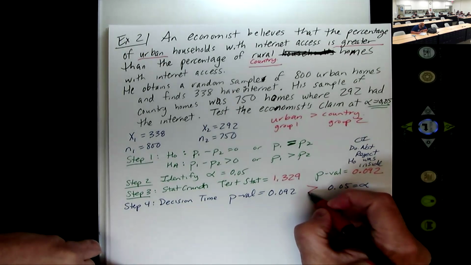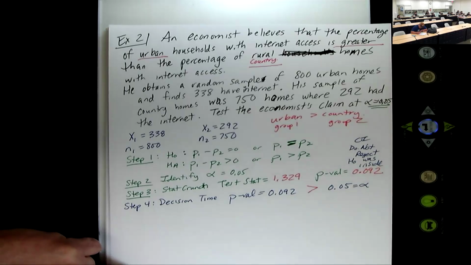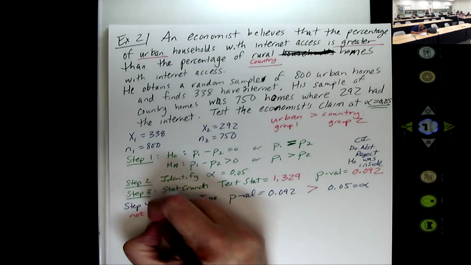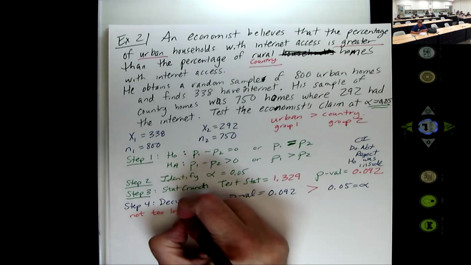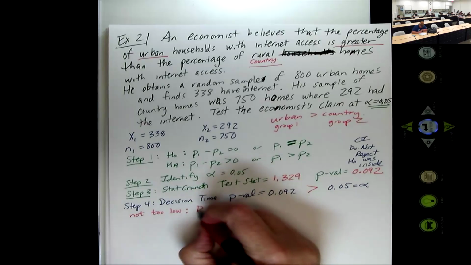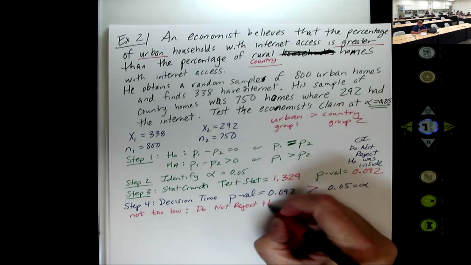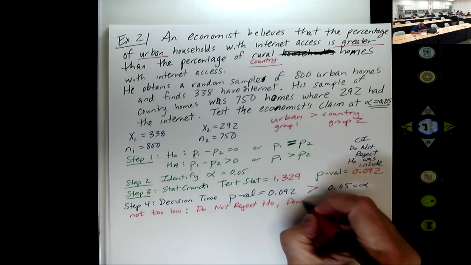The p-value is greater than alpha, so it's not too low. This is our case of the knots. Do not reject H naught. Do not support HA.